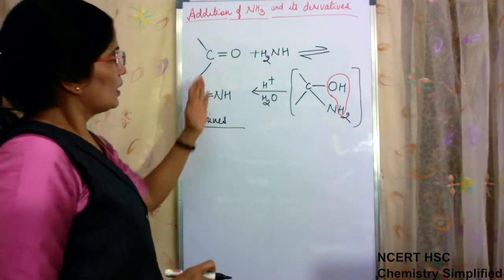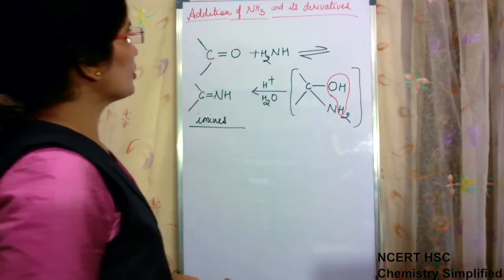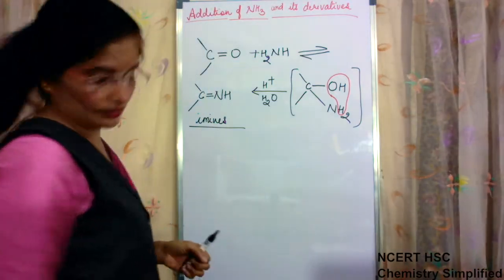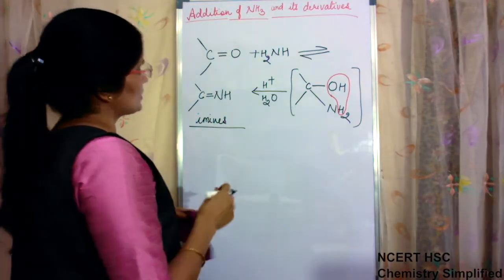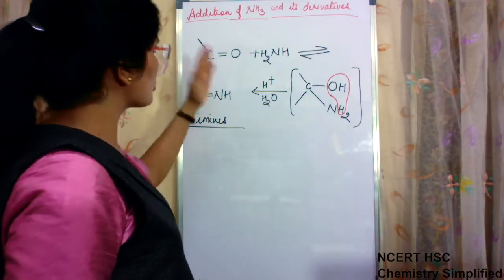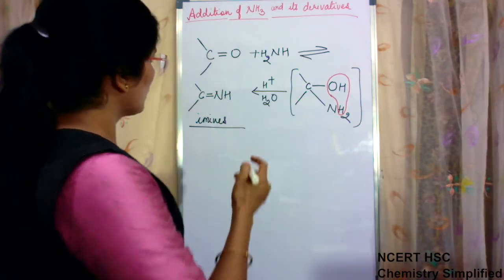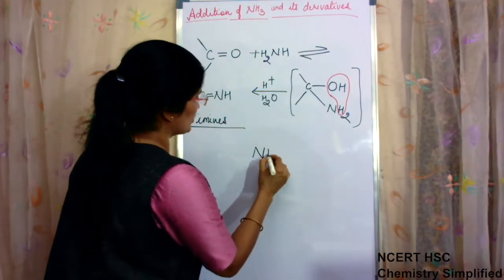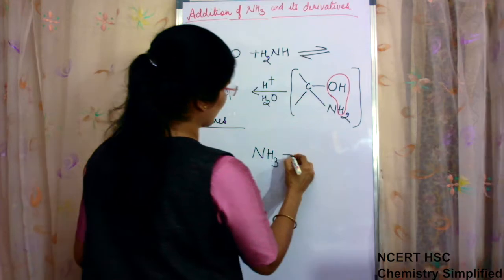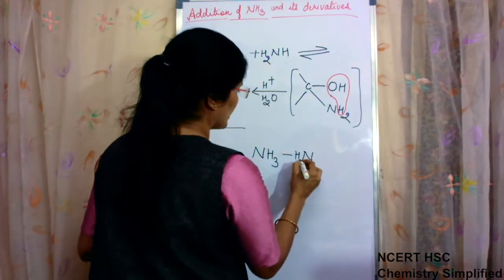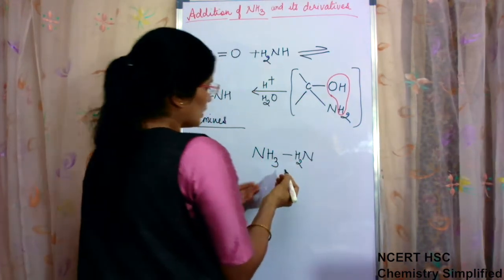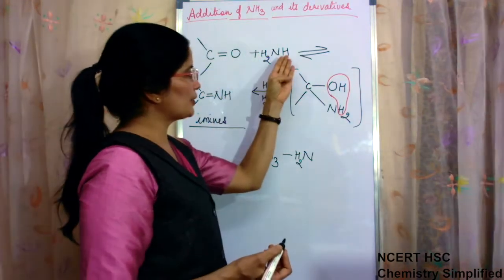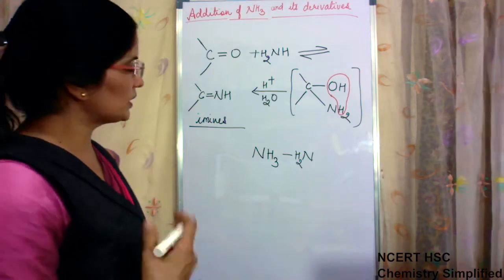Now, we said that derivatives of ammonia also give the same kind of products. So, to understand how these derivatives also give products with aldehyde and ketone, first let us see this. We wrote NH3 as NH2-H here, and when it is a derivative of ammonia, that means one of the hydrogen atoms will be replaced by something else.